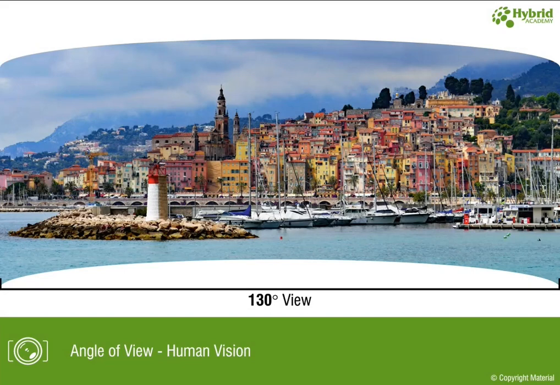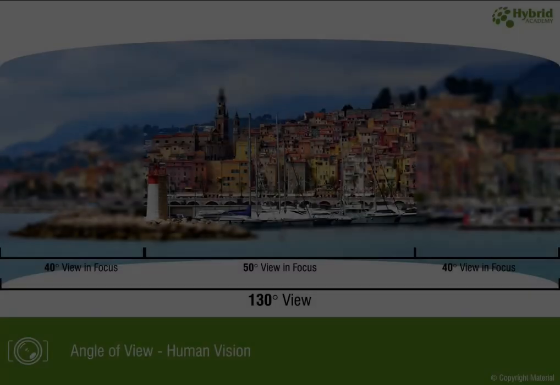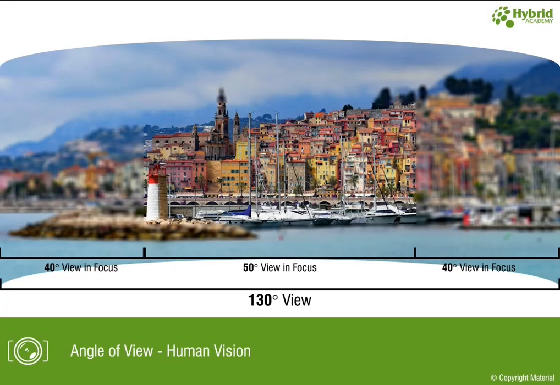If we look at this picture, it gives us a complete 130 degree view of the landscape. However, if you focus on the center of the image, you will notice that only the middle section of 50 degrees is in focus, and both left and right sides of 40 degrees each go out of focus.